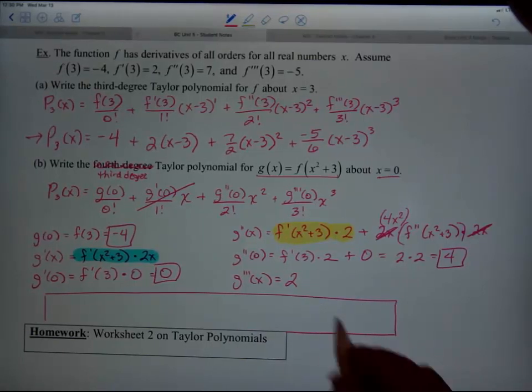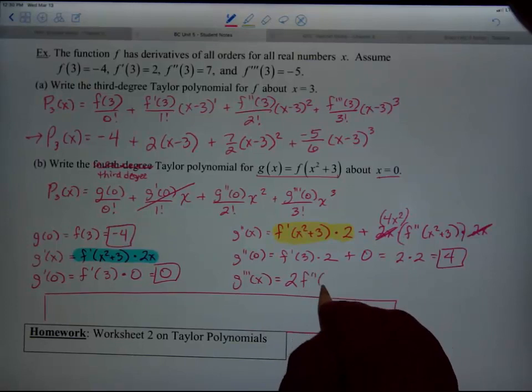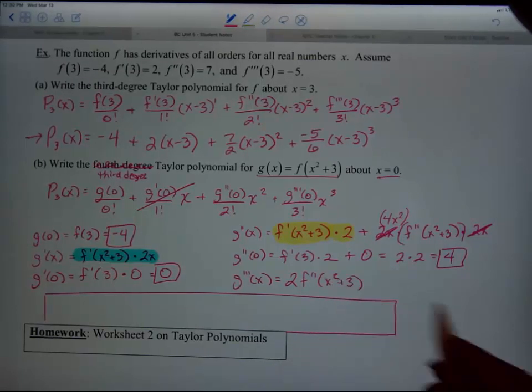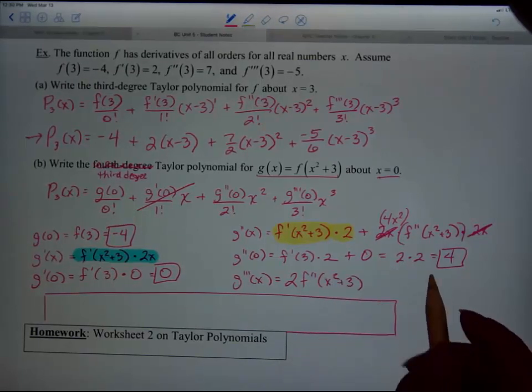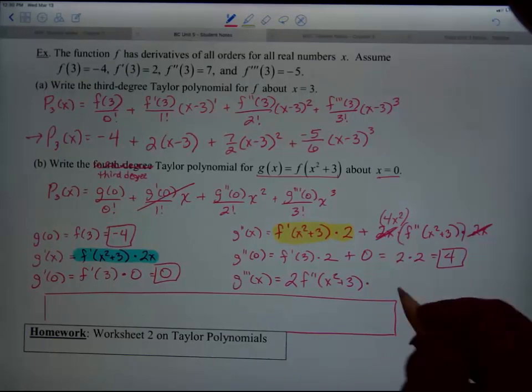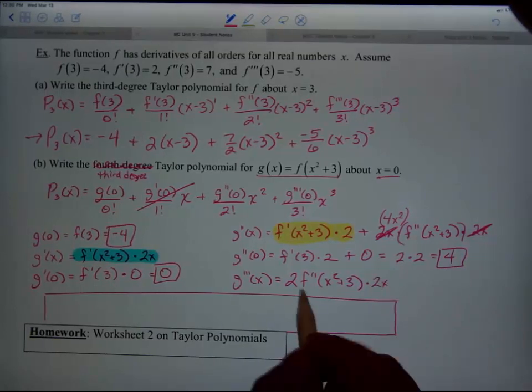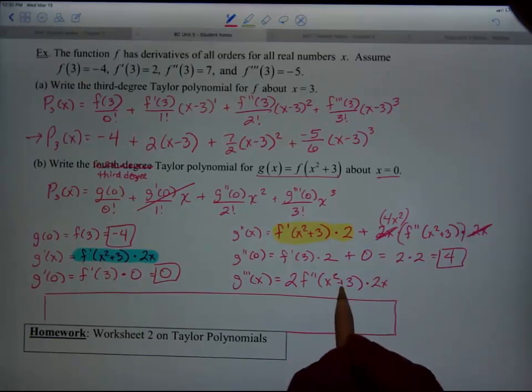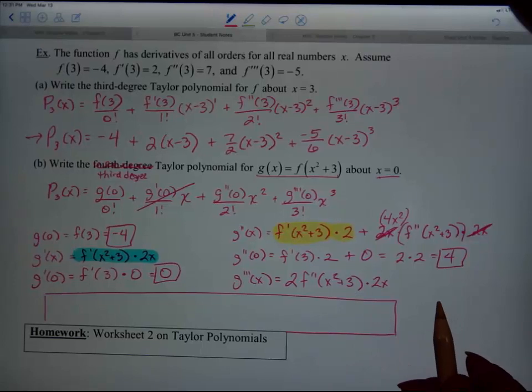F double prime of the parentheses. Is that all? Every time we take the derivative of that, what do we have to put on the end? 2x. The derivative of the inner, because it's chain rule. Okay, that takes care of the yellow highlighted part.